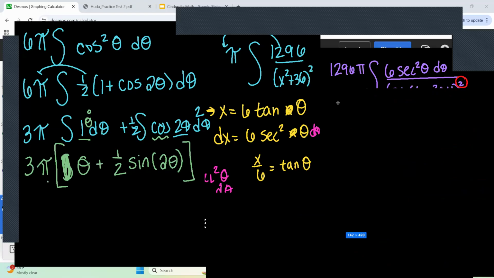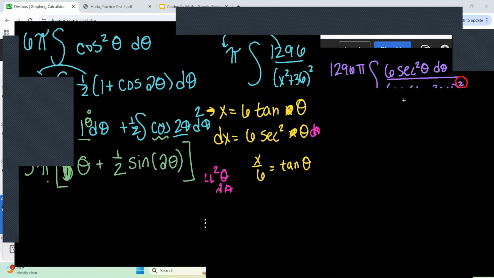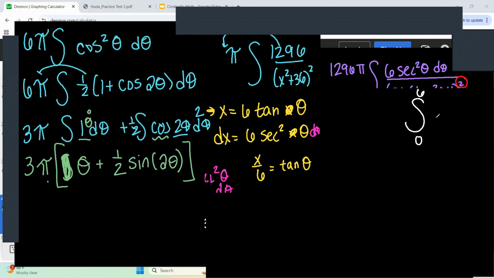So we could have done this from the get-go, and maybe we should have. It's fine. So the original was integrating from 0 to 6, dx. Okay? So let's plug 0 in for x. So 0 over 6 is tan theta.